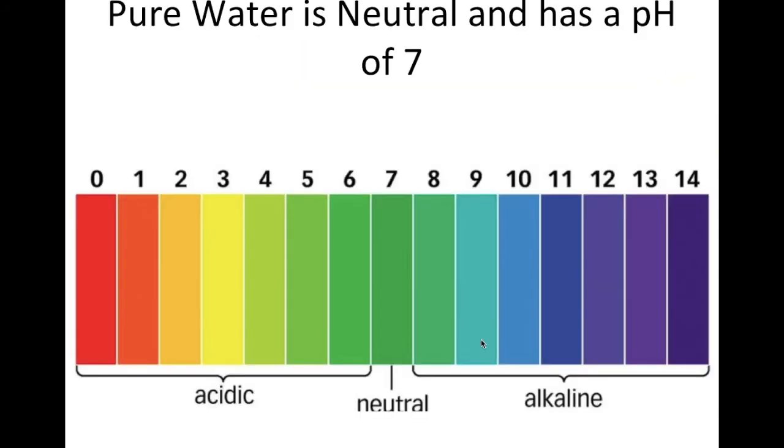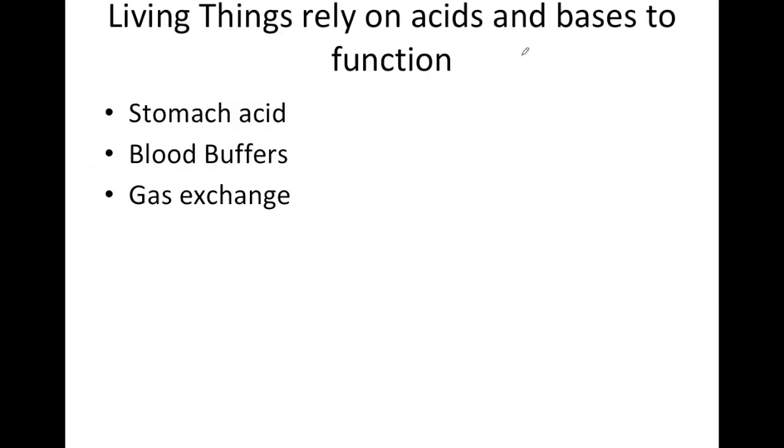Okay, now let's talk about water. So pure water is neutral and it has a pH of 7. Most of our tap water is not at 7 because that means the water has to be free of salts and ions. All right, and that's a little bit difficult to ensure that it's going to be free of salts and ions. Living things rely a lot on acids and bases to function.